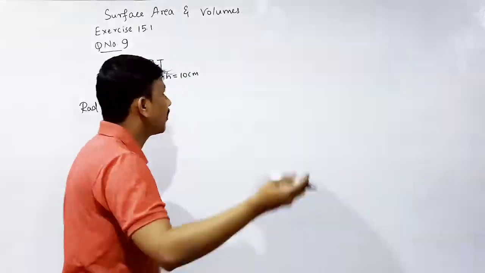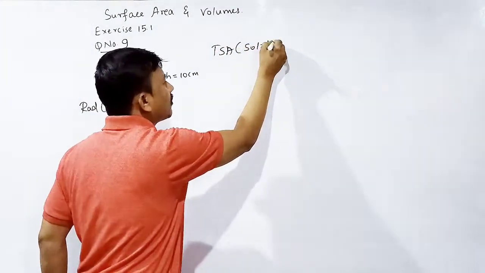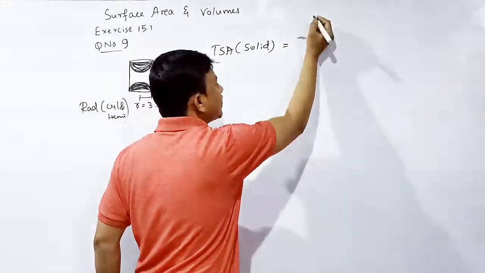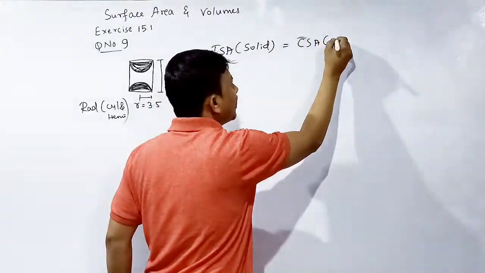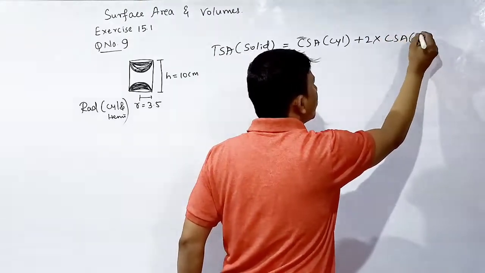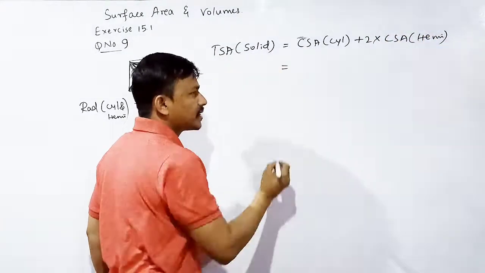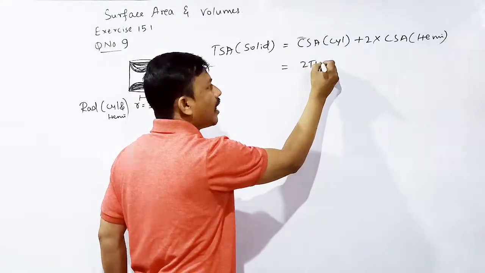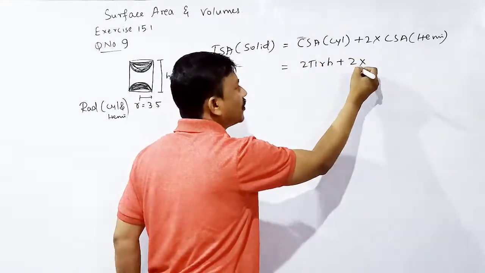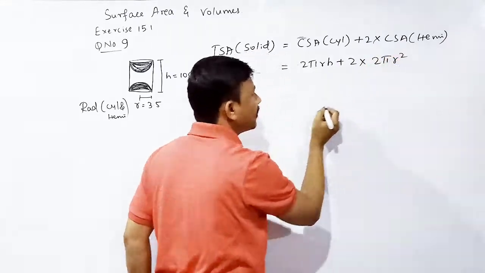This is the answer. Okay, total surface area of the solid is equal to total CSA of cylinder plus 2 into CSA of hemisphere. This is equal to, what is the CSA of cylinder formula? 2 pi RH plus 2 into, what is the CSA of hemisphere? 2 pi R square.